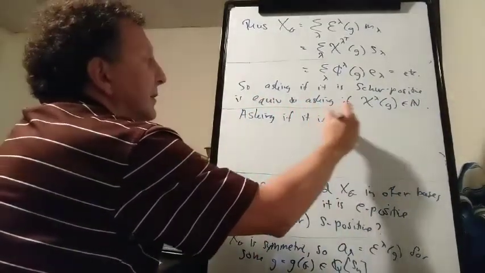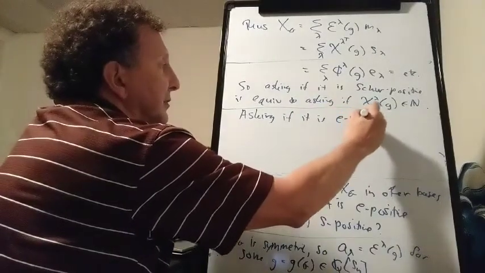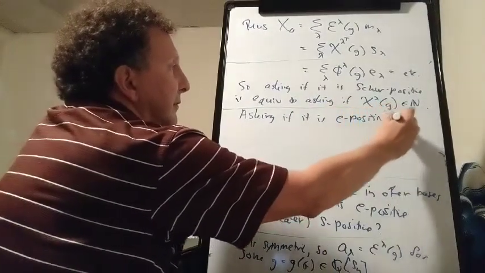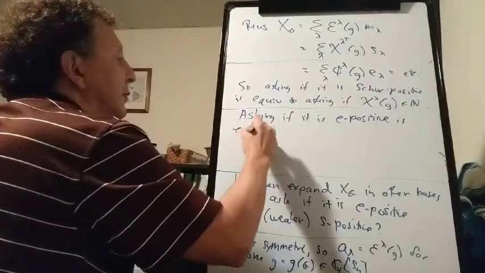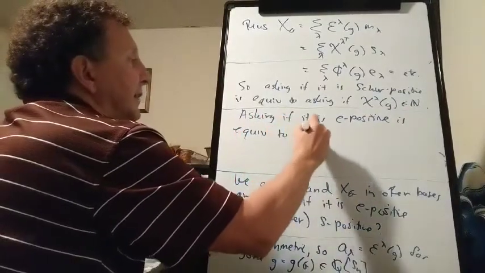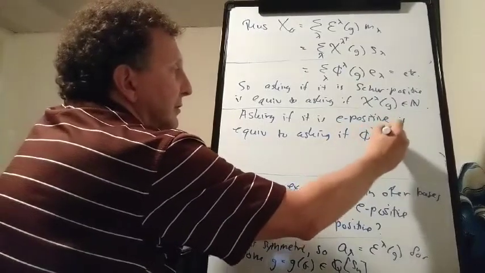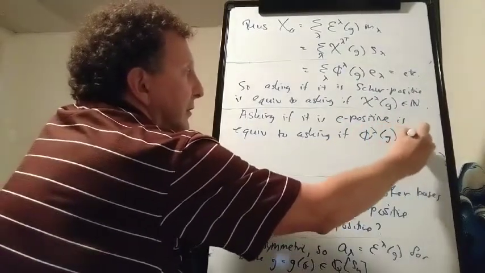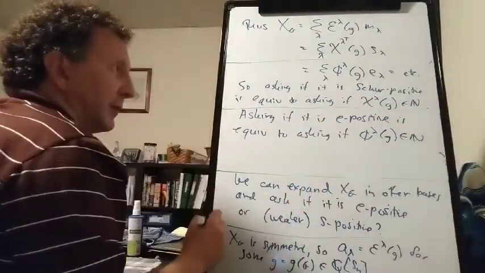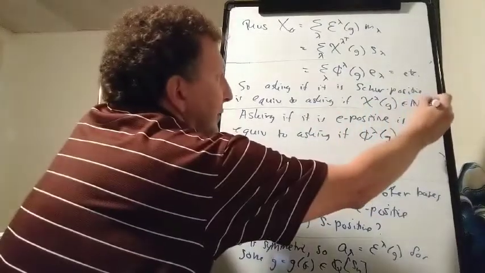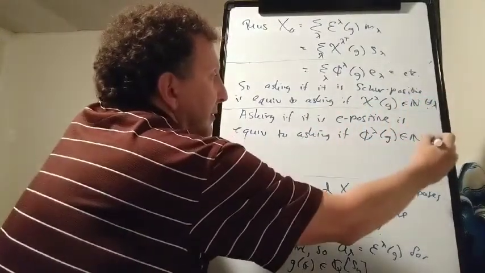Asking if it is elementary positive is equivalent to asking if all of these monomial traces, all those evaluations, are non-negative for all lambda.